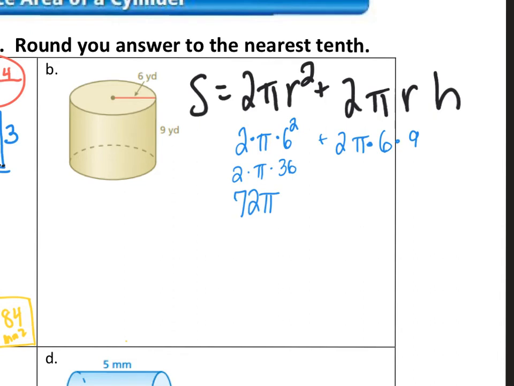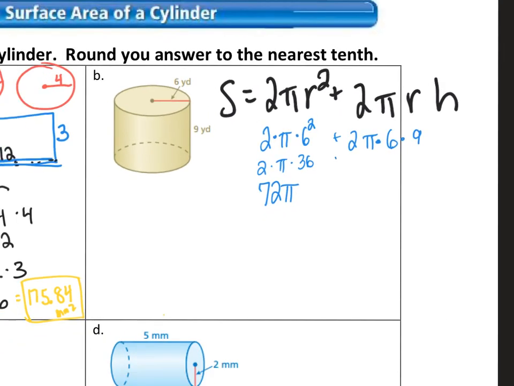Now I can multiply my 6 times my 9 to get 54, and multiply it by 2. So 2 times pi times 54. 54 times 2 is 108 pi.